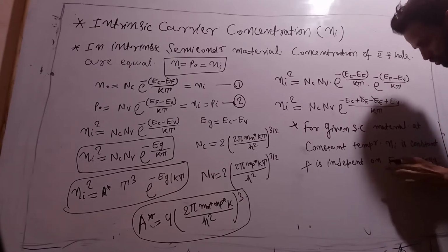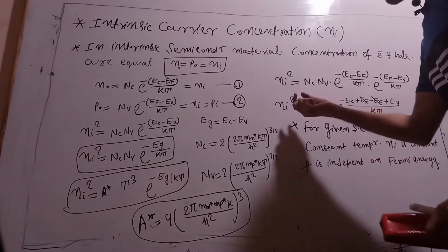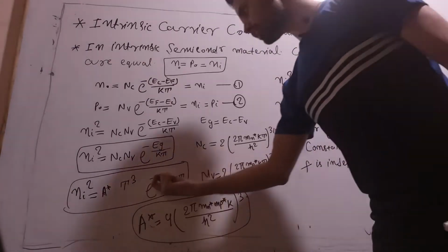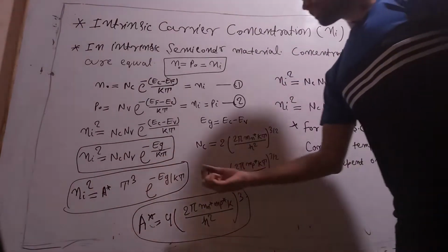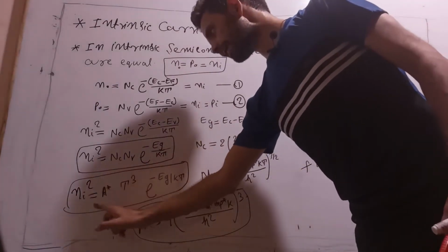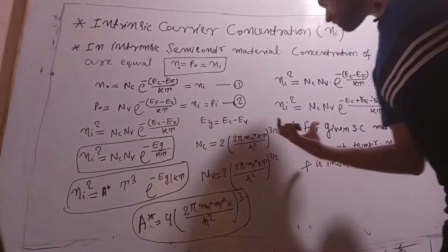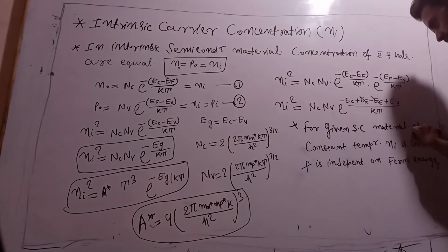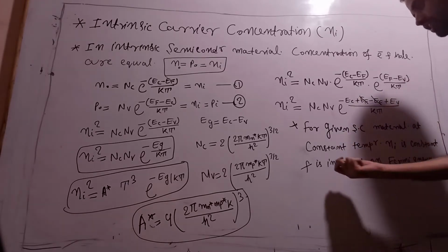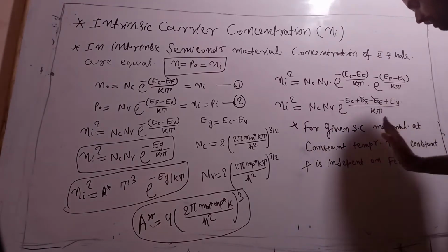Therefore we can conclude that intrinsic carrier concentration is a function of temperature, a function of energy band gap, and independent of the Fermi energy level. So for a given semiconductor at a constant temperature, the intrinsic carrier concentration is constant and independent of Fermi energy.